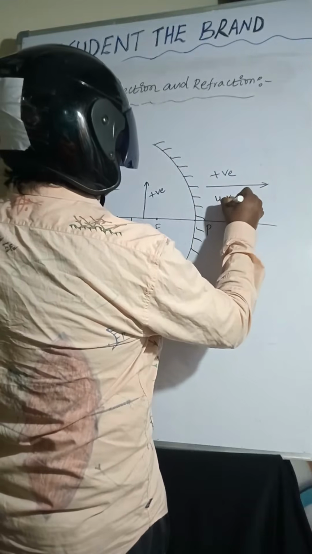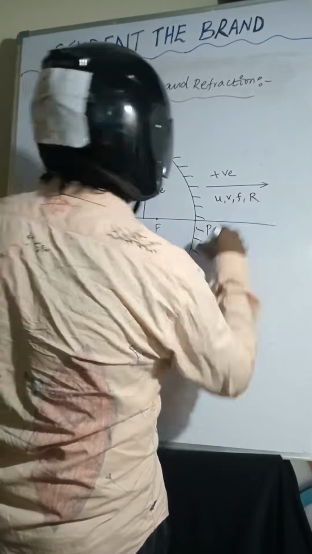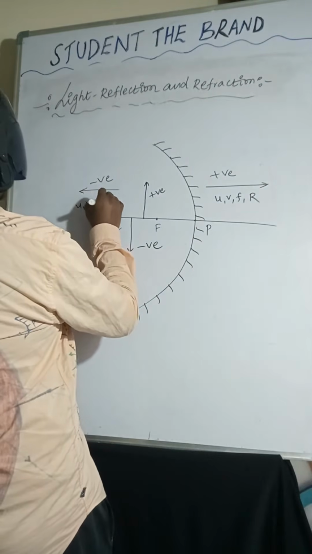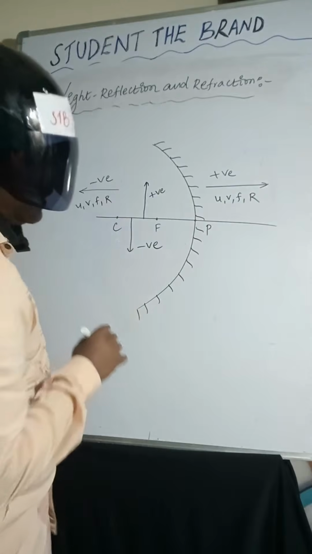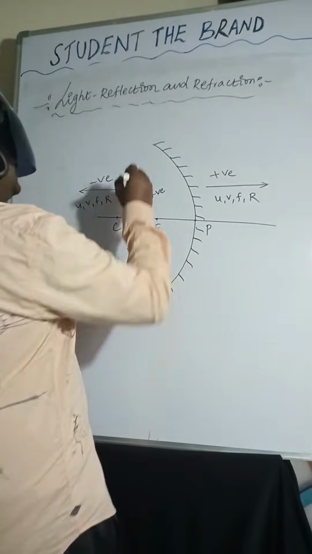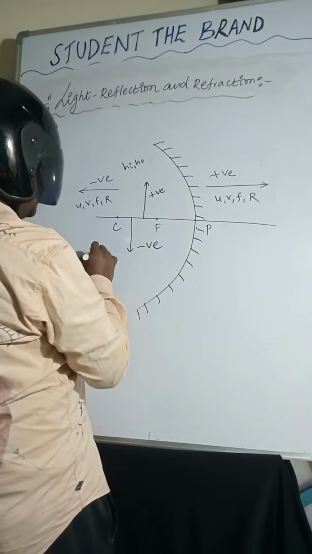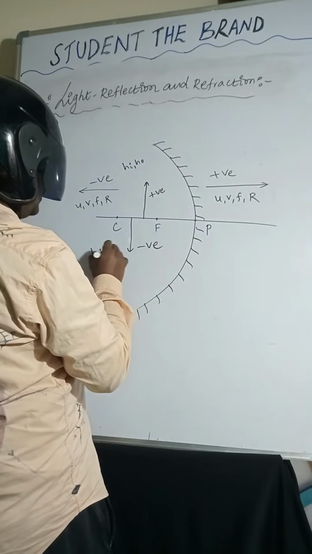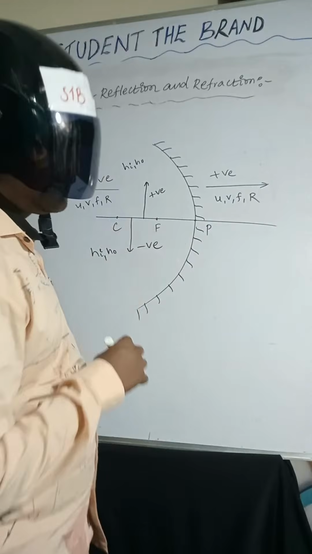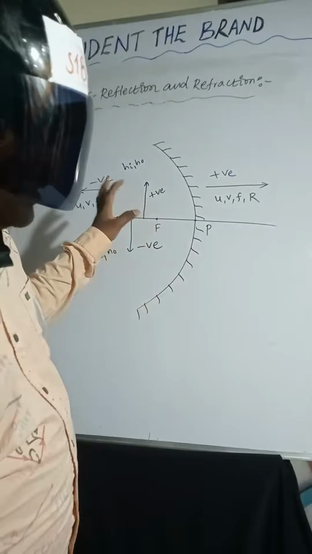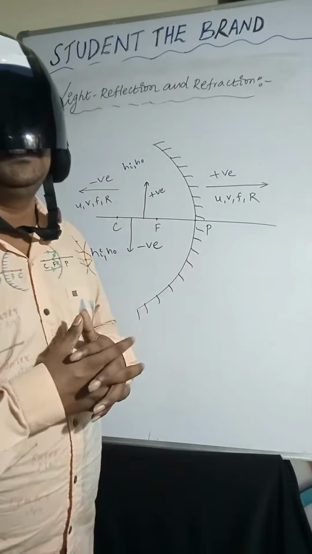Object distance, image distance, focal length, and radius of curvature are measured from the pole. Above the principal axis, height of the image and height of the object are positive, and below the principal axis, they are negative. So these are the new Cartesian sign conventions, or simply sign conventions.